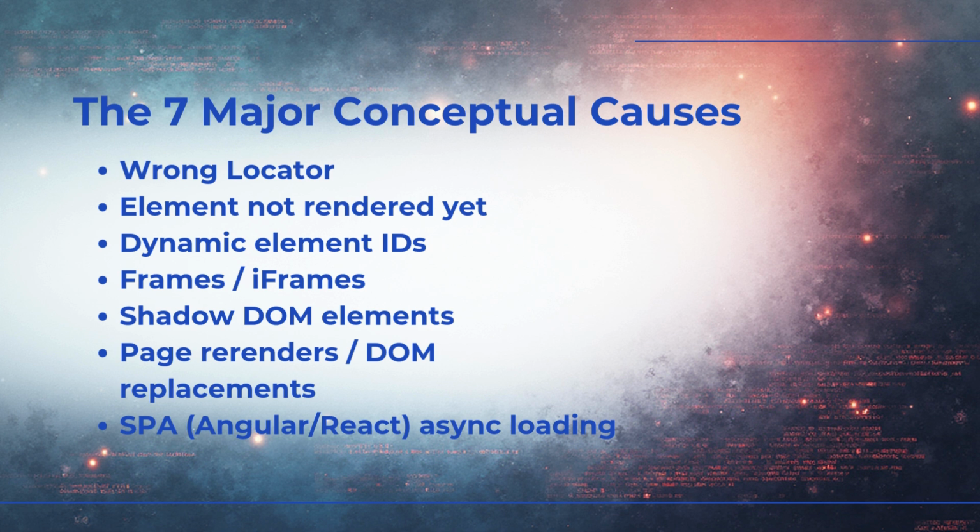Sixth one, page refresh or DOM replacement. Seventh one, Angular, React, SPA async loading. So these seven causes cover almost every real-world scenario. What we are going to do now is take each one, break it down conceptually, and understand why it leads to this exception.